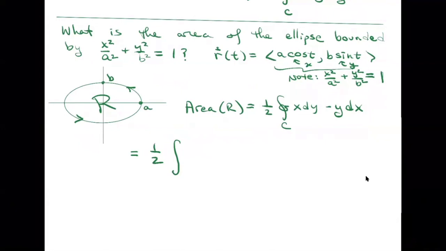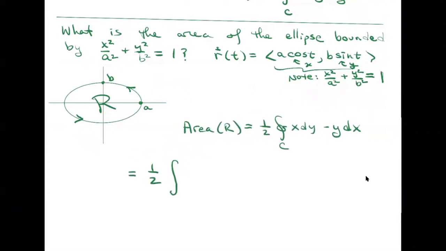So once again, I ask your forgiveness. Just take a moment and say what dx is. This is x prime dt, so this would be negative a sine t dt, and dy is y prime dt, so that'll be b cos t dt.